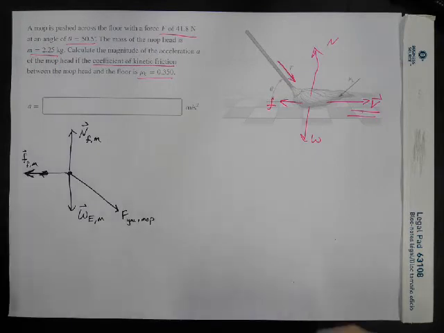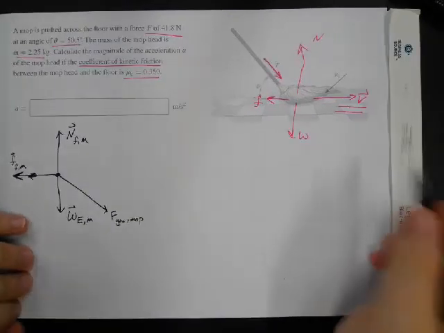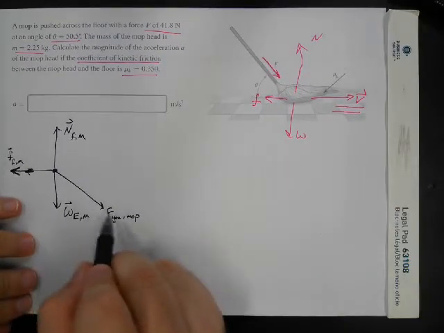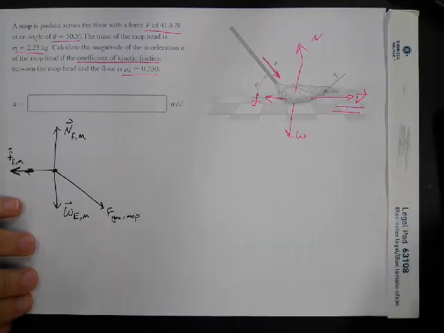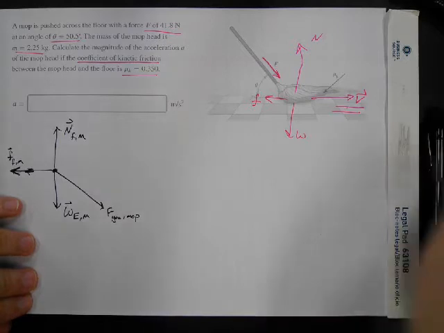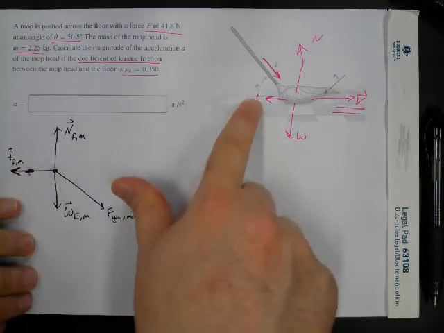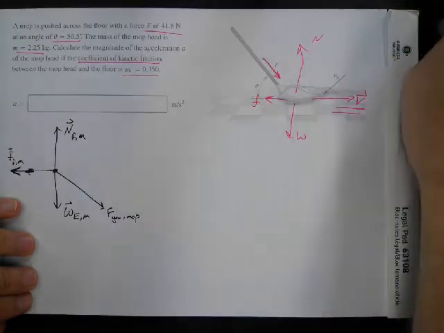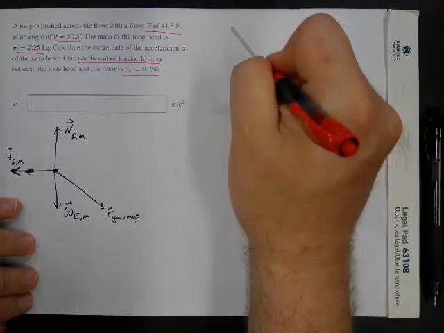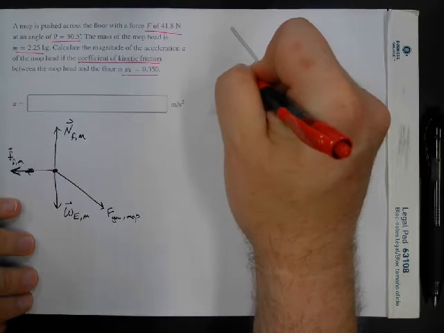Now, we'll simplify this down when we write out Newton's second law. But the applied force has components. What we're told in the problem is the mop makes an angle with the floor, as shown in the diagram. This is our angle theta, if it's not clear in the drawing.